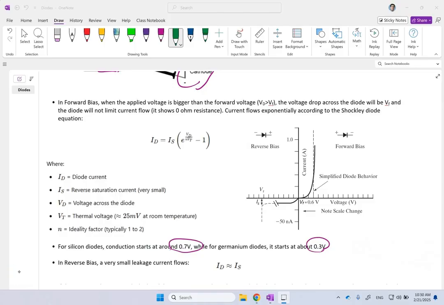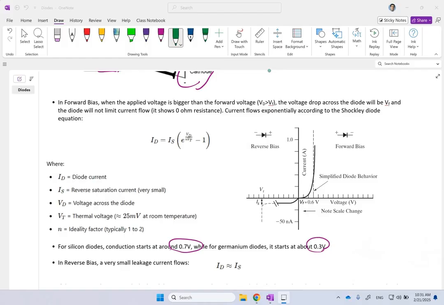Okay, now that we learned some very basics about diodes, let's go ahead and look in more depth into formulas, into graphs, and so on. So a PN diode, when you put it in forward bias, and when your voltage is bigger than the barrier voltage, then, as I said, there will be some current through the diode, right?